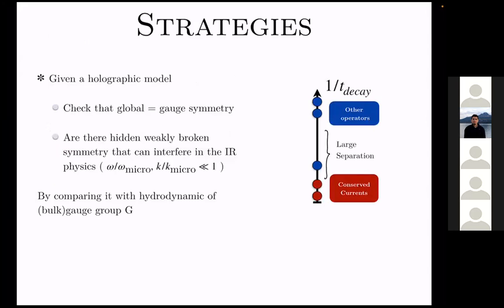We can talk afterwards about how you deal with anomalies, but that is much more well documented than what I'm going to talk about here. So the strategy is that if somebody gives you a holographic model, you want to check whether the global symmetry dual to that holographic model is the same as the gauge symmetry in the bulk or not.